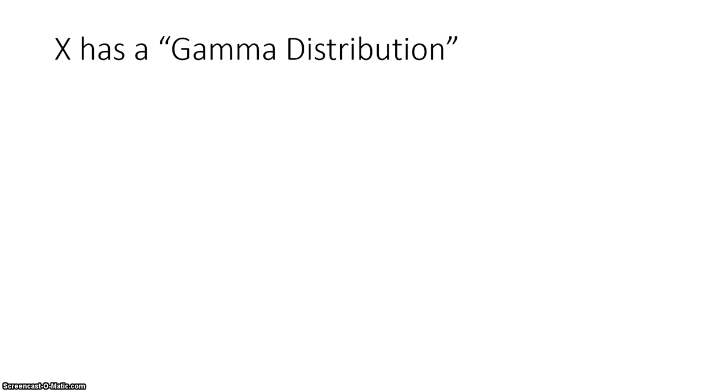X has what is called a gamma distribution. And so when alpha is equal to 1, we have the exponential, which is really a special case of the gamma distribution. The gamma distribution is determined by the parameters theta and alpha.